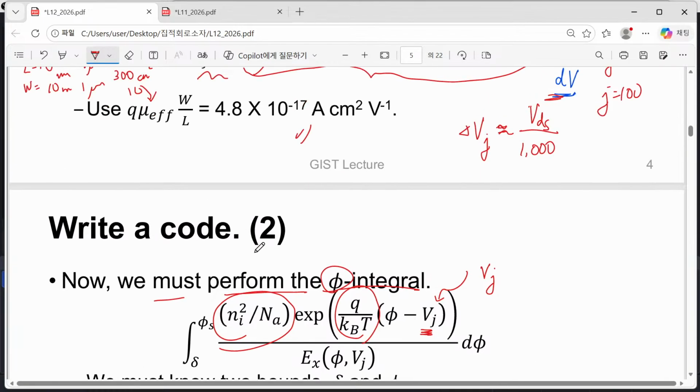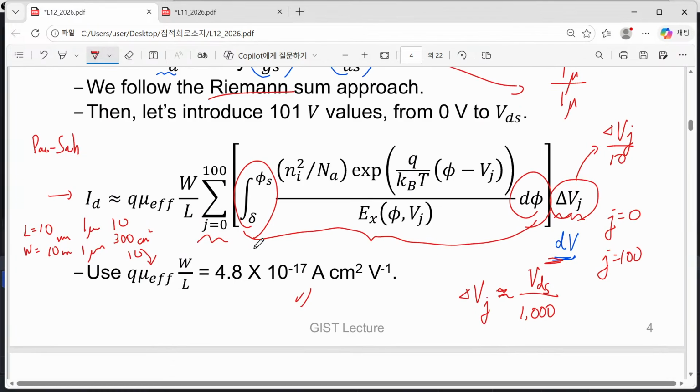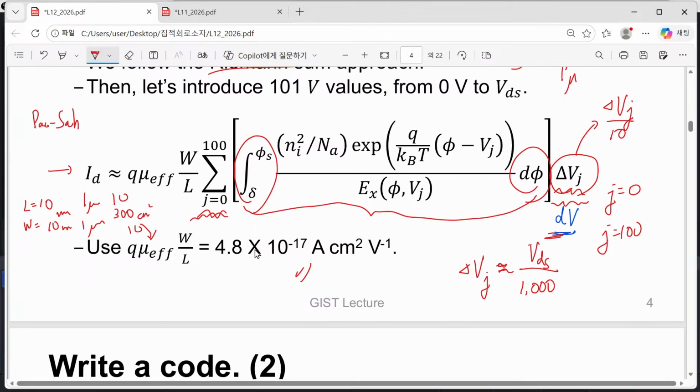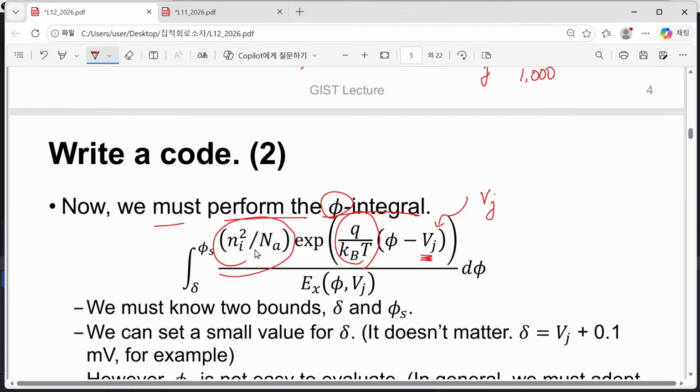But fortunately, this is just the outer integral, so we can assume that there is a given value of V sub j. You may assume that this is a given number: 0, 0.1, 0.2. For each value you can perform this integration.